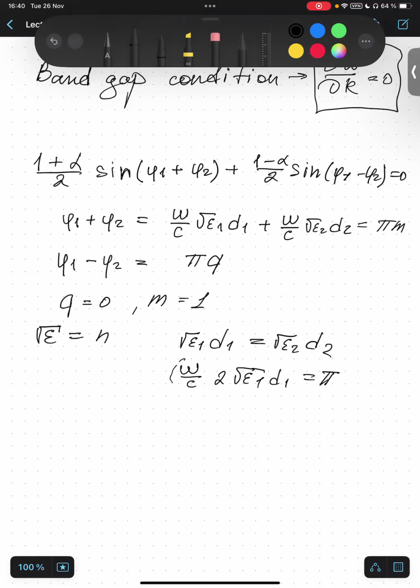We also know that omega over c is our wave vector k, and also we can write it as 2 pi over lambda. And in the end, we will obtain the square root of epsilon 1 d1 is equal to lambda over 4.